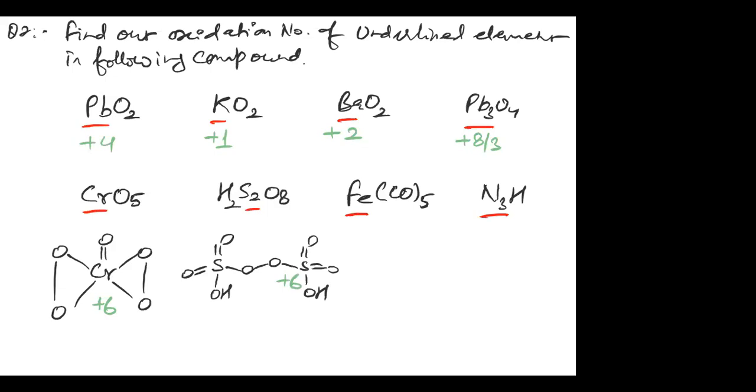In the case of Fe(CO)5, CO is carbon monoxide, which is neutral, and the oxidation number of iron is found to be 0 here. Same in the case of N3H, the oxidation number of hydrogen is going to be +1, and the oxidation number of nitrogen is going to be -1/3 on an average.